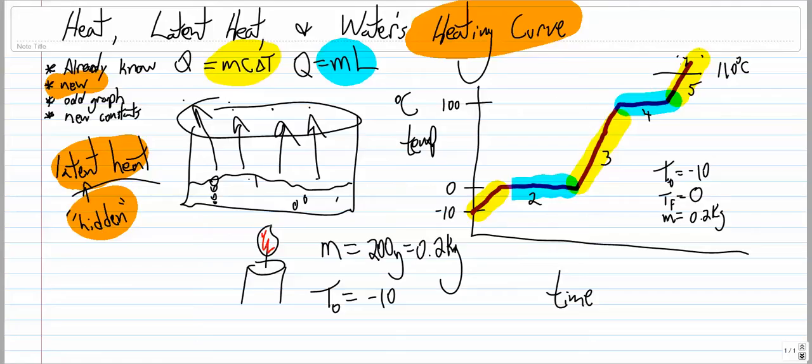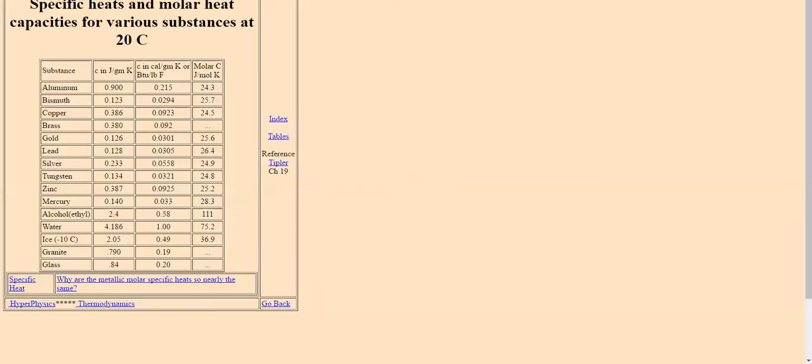And then, since we're using mC delta T, we need to know what c is, and we're not talking about water here. We're talking about ice. So I need to go and find it. Oh, looky right here. Ice at -10 is 2.05 joules per gram.